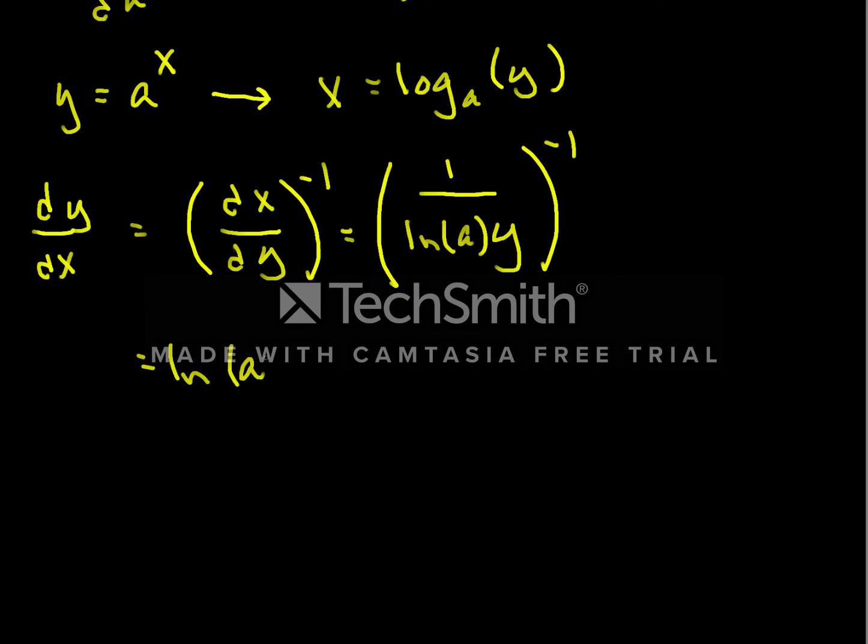Now our derivative, we want to know dy dx, and we've got a y in here. Our dependent value should be x, but we know how y is defined. It's defined up here as being a to the x. So then the derivative of y with respect to x is simply equal to natural log of a times a to the x.